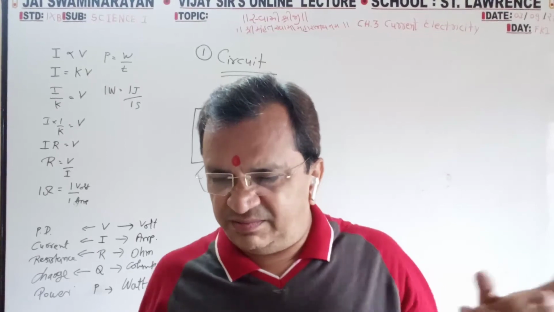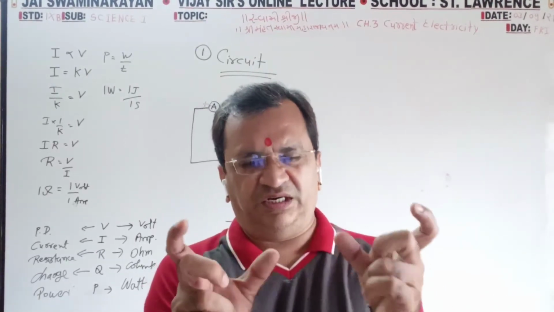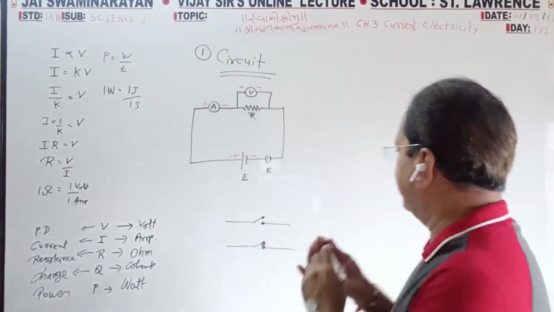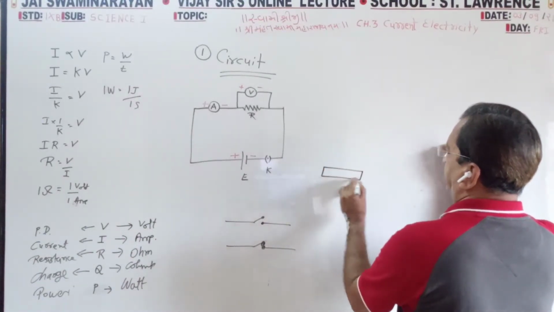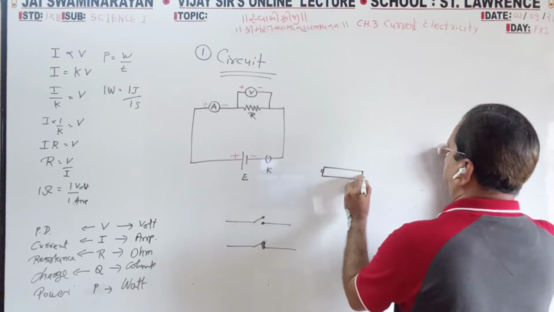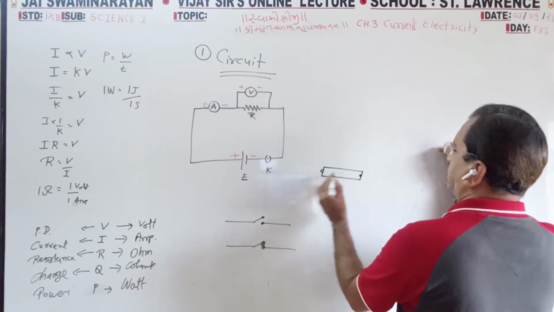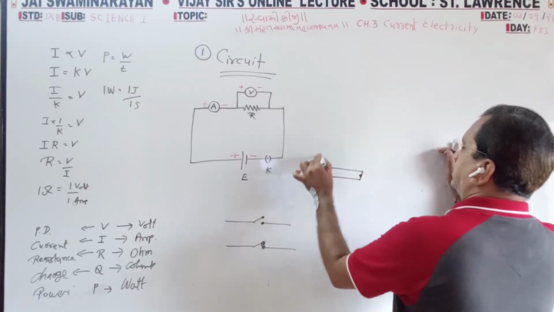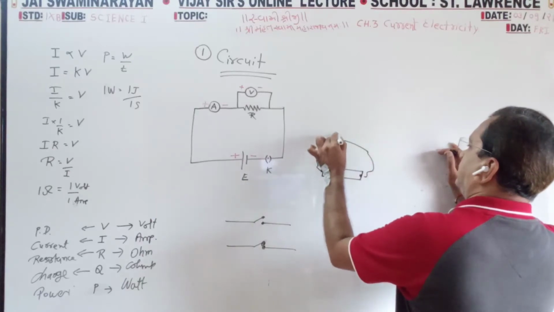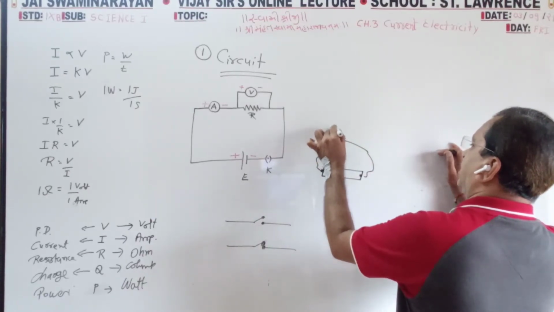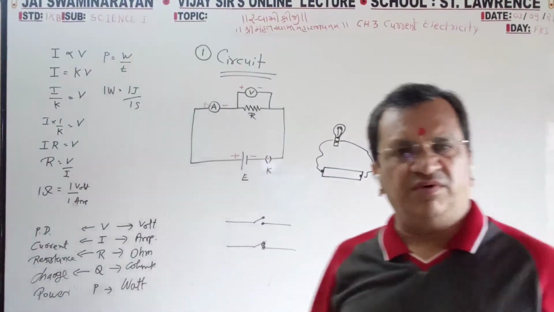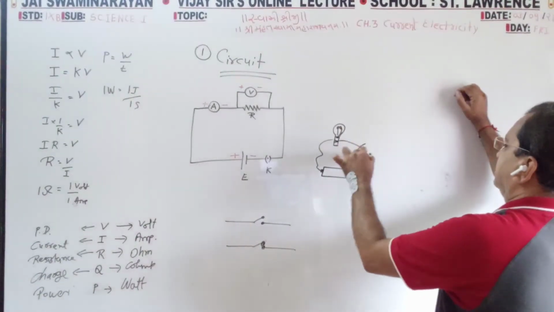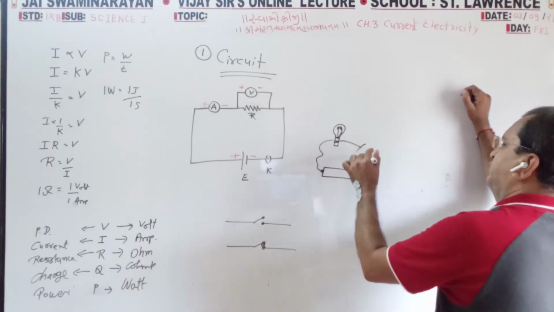Then there are some examples with a small cell. If you connect this small cell with a bulb, it will work. Cut this wire and use a key.